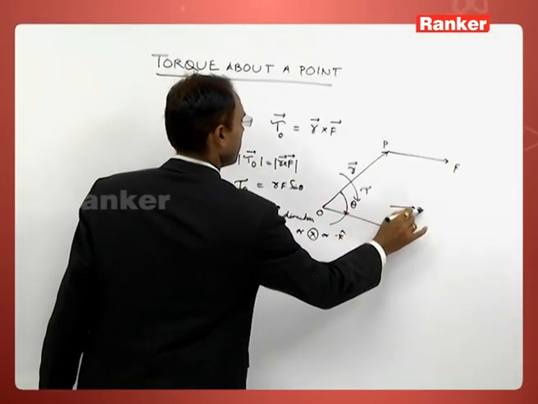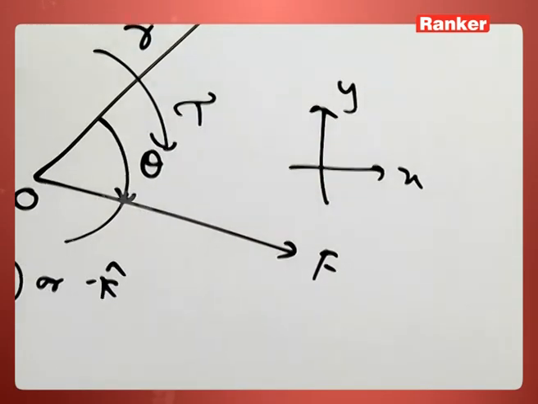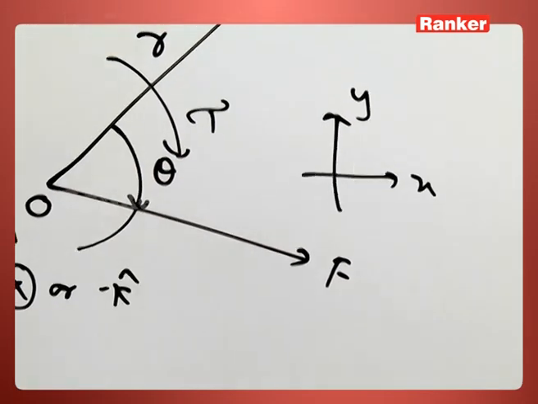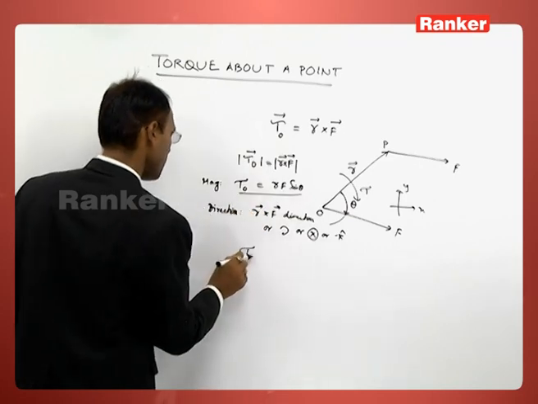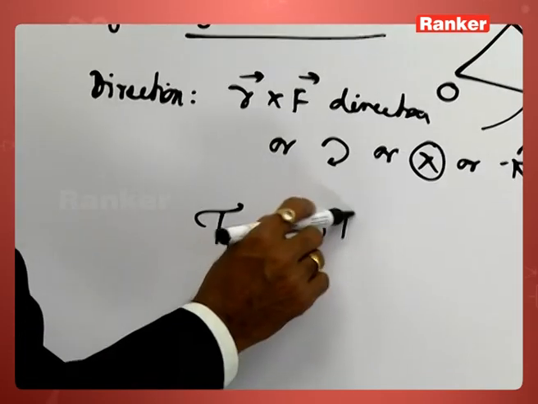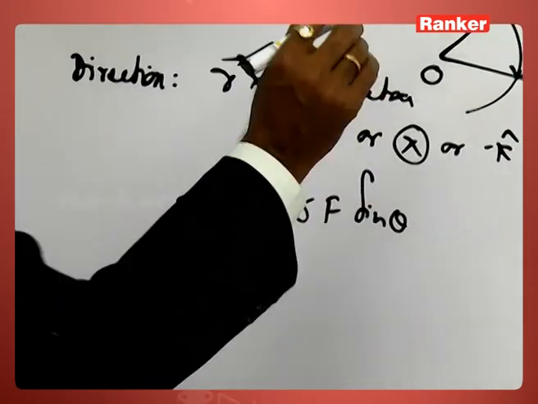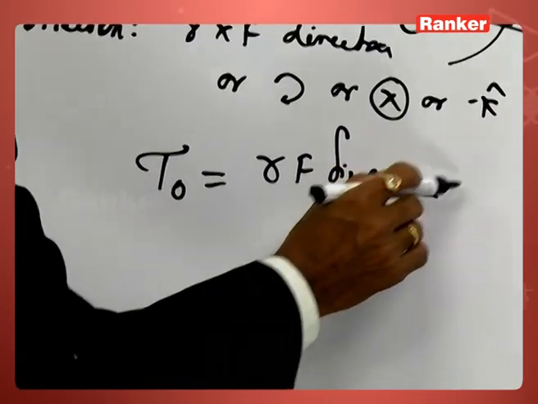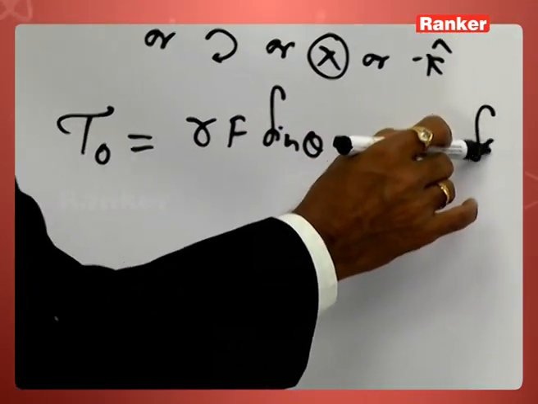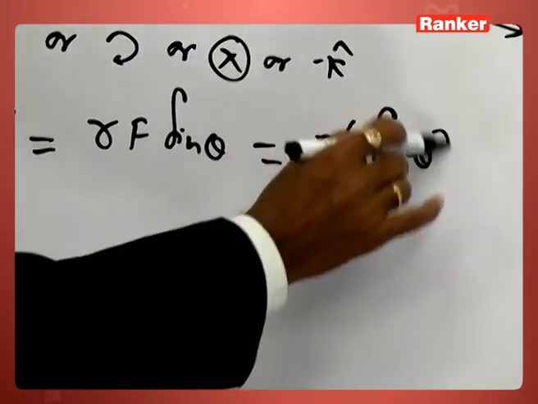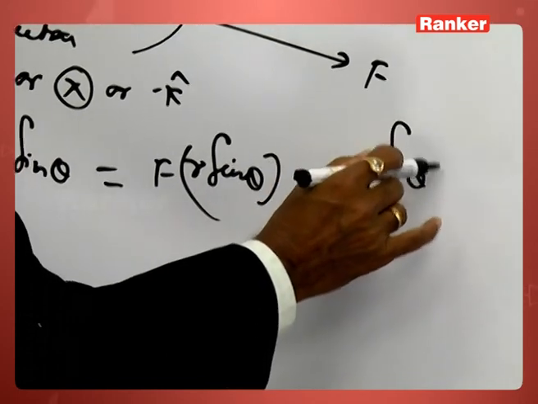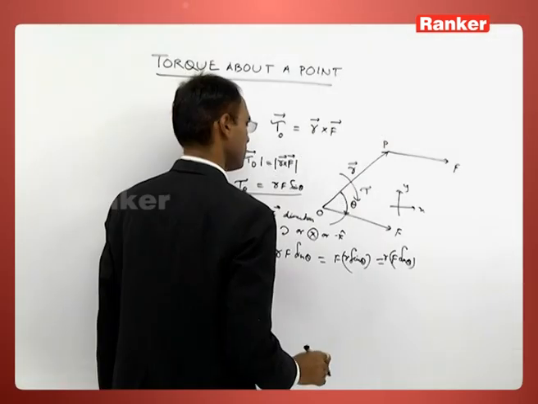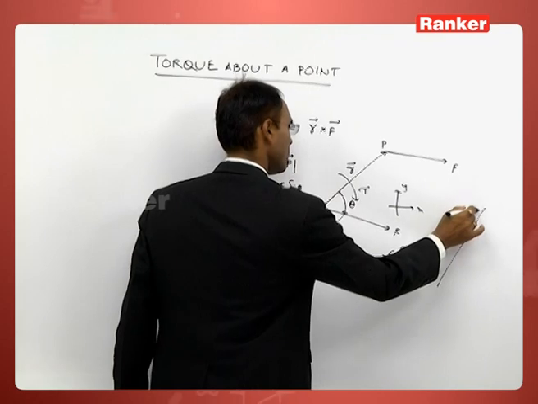If you take the xy axis as shown in the diagram, this formula of the torque gives us magnitude. Here I can write by regrouping, f into r sin theta, or this can also be written as f sin theta into r.